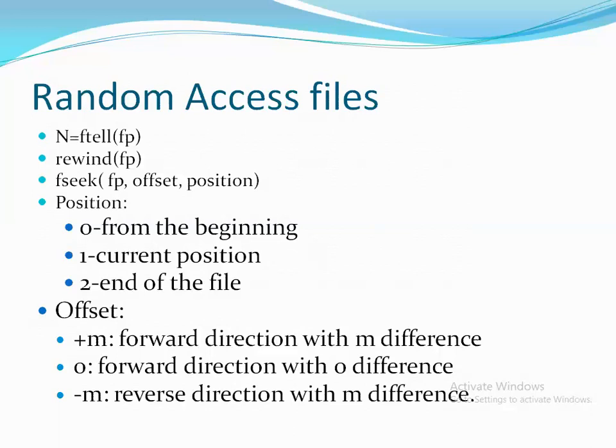In real time also, many times we use sequential access only. But nowadays we are using random access files. Okay, the best example of random access files: if you open a DVD, the total information is opened, and whatever information you need, you can directly select. Directly you can play a particular song. So that is random access files.